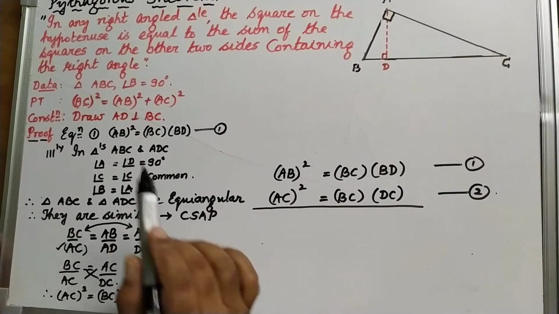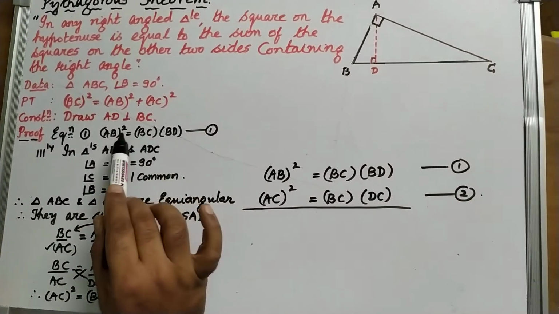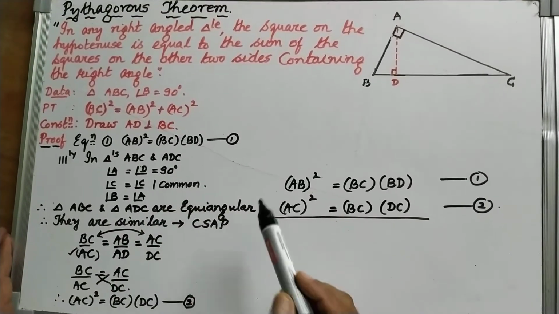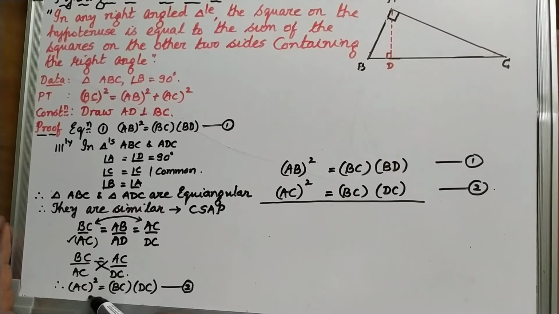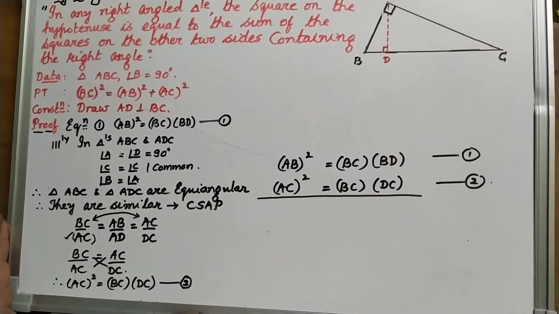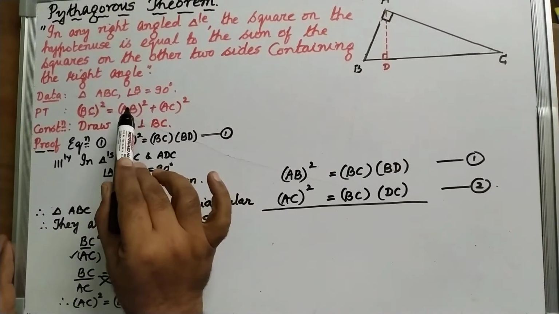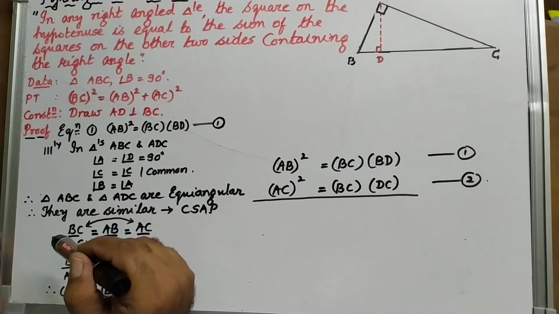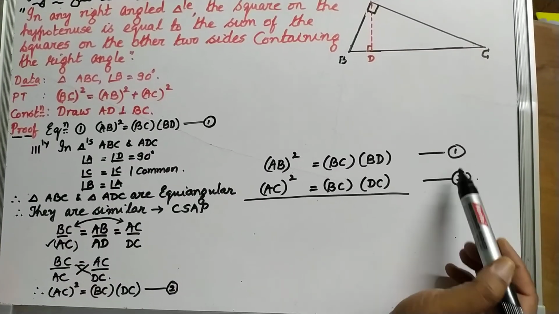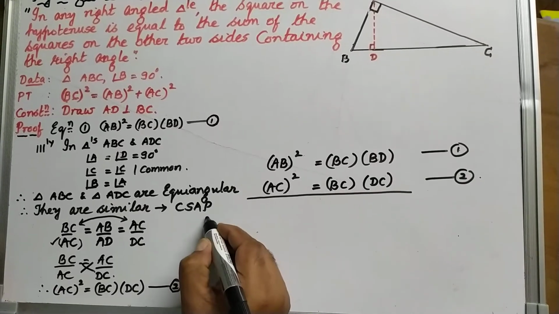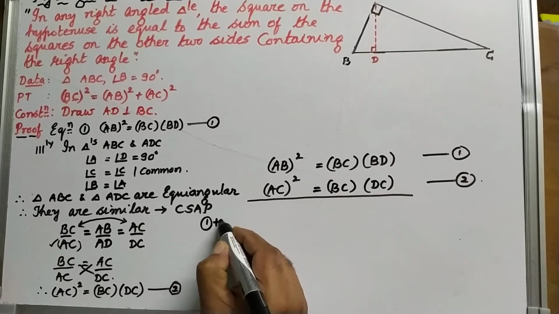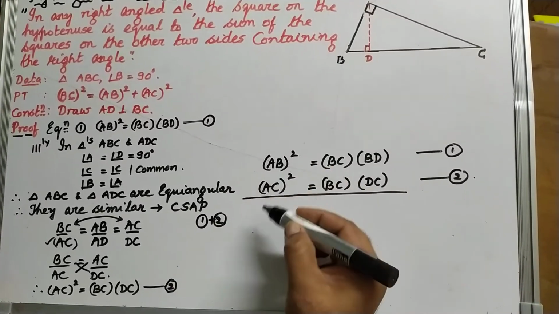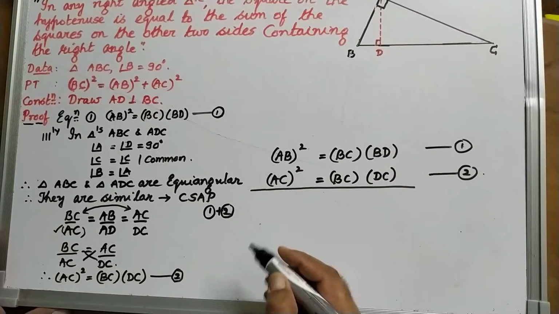So I have found out the value of AB square, and that is the first equation, and I have found out the value of AC square. I will add AB square and AC square, meaning to say I'll add the first equation and second equation. If I add the first equation and second equation, the left hand sides are added, the right hand sides are added.